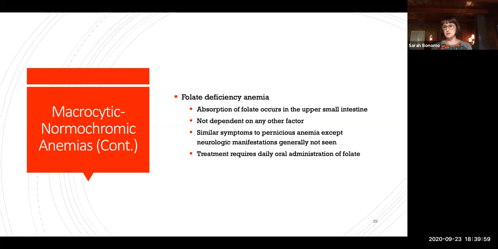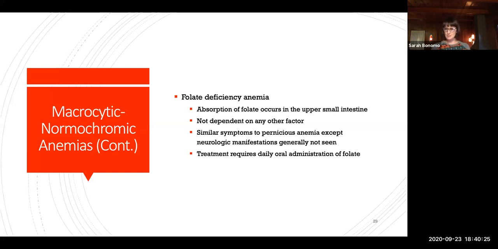Folic acid can just be absorbed, but we need to pay attention because we are completely dependent on our oral intake of folic acid through our diet in order to get any folic acid. The good news also is that lots of different foods are fortified with folic acid now, cereals and things like that, so that it is more readily available.